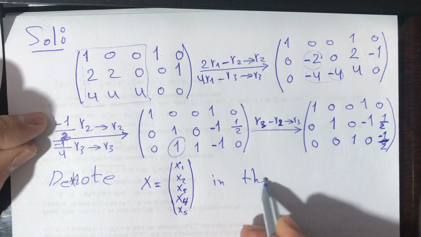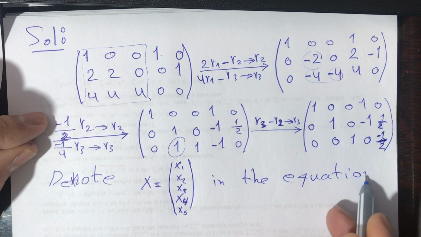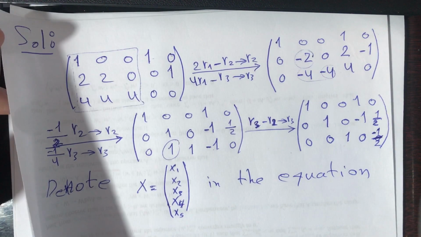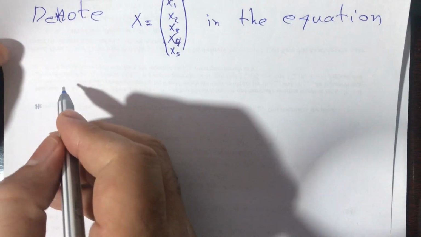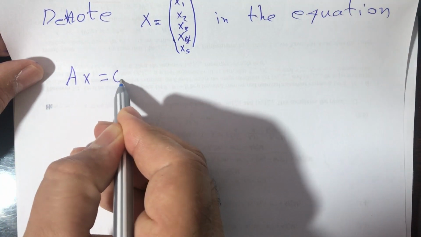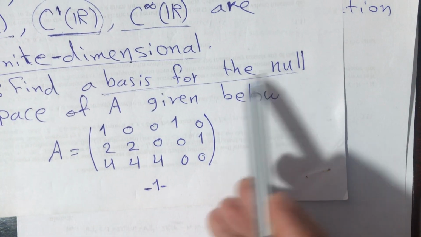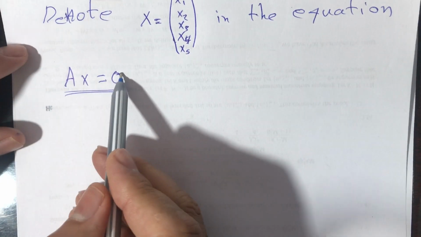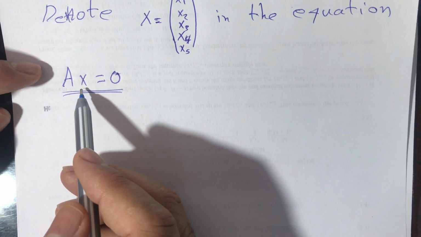The equation is Ax equals 0. This is the null space. In our example, we want a basis for the null space, Ax equals 0. We call this the null space.